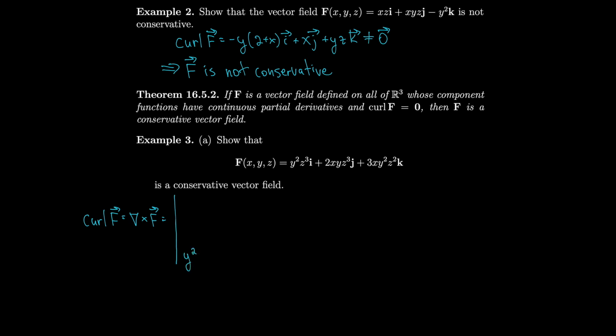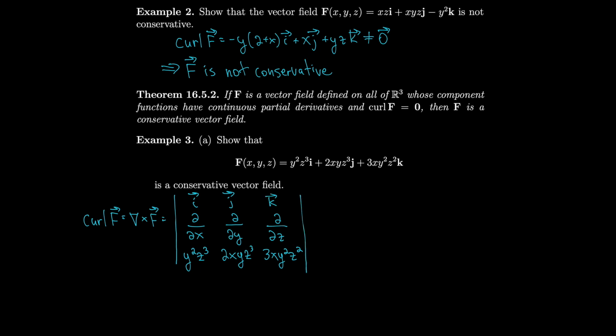I've got y squared z cubed, 2xyz cubed, and 3xy squared z squared. And I want each of these partials. And that's for del, and I need i, j, and k, so that I end up with vectors when I do my cross product.